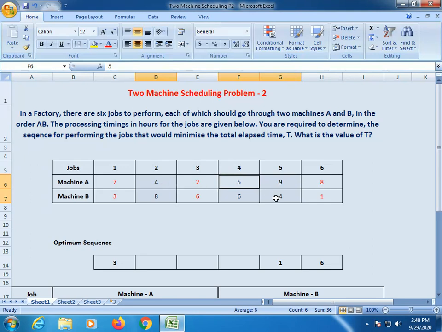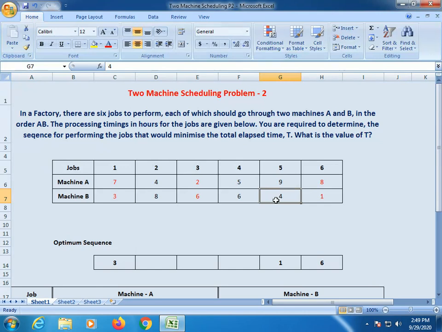In this situation, what do we have to do while making the optimum sequence? Here we have 2 shortest processing time values, that is 4. Here we have 4 and here also we have 4. In this situation, we have to check what is the corresponding value.